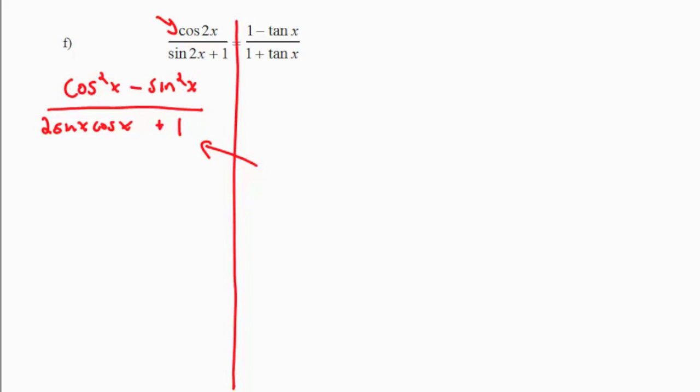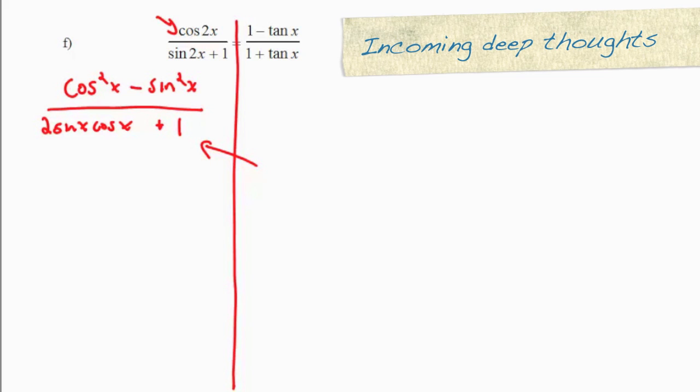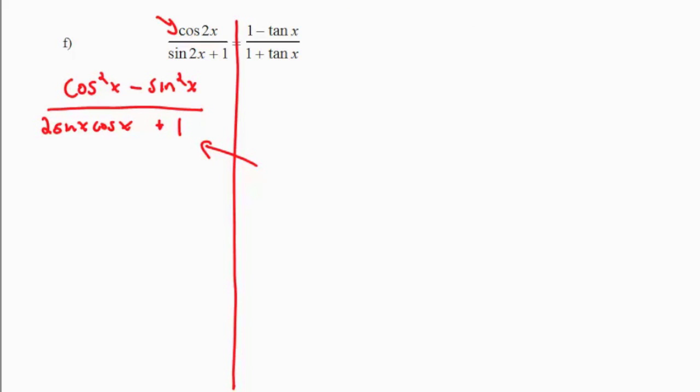Now, what were my motivations behind this for people that are wondering? Well, first and foremost, I take a look at the bottom here, and I see this 2 sine x cos x. This makes me think of binomials that I've expanded where I get that middle term. With difference of squares, you eliminate the middle term. When it's not difference of squares, you end up with this middle 2 times the left and right parts of the binomial.